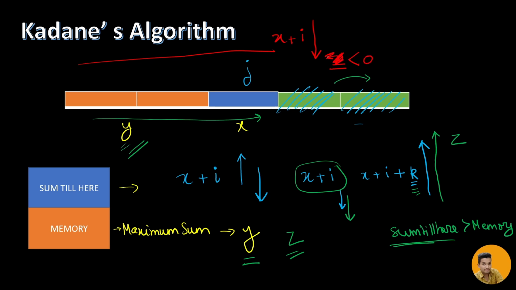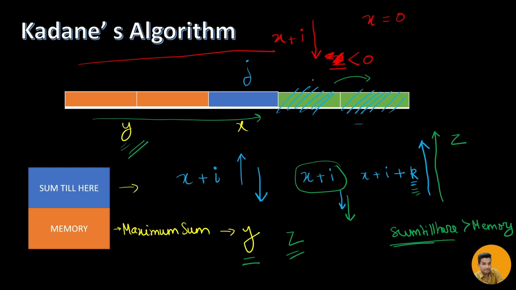That means if you add this, it is going to pull our number below 0. So I will set sum till here to 0, and the maximum sum would remain y.